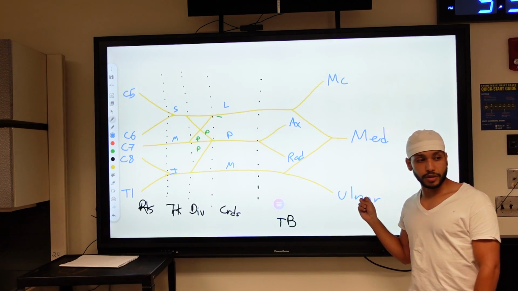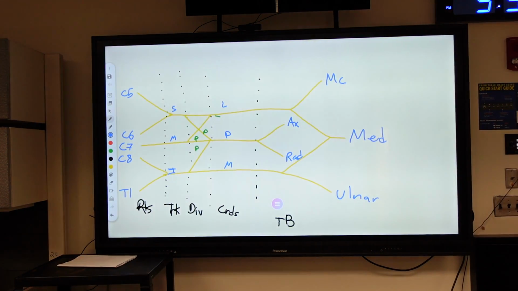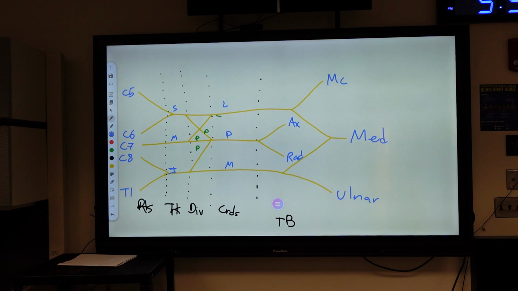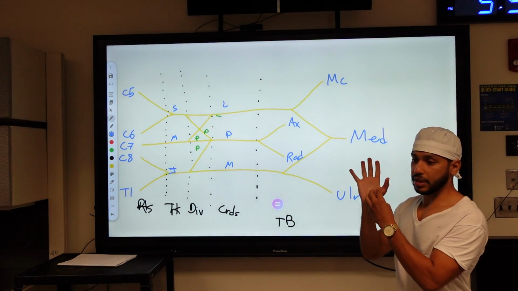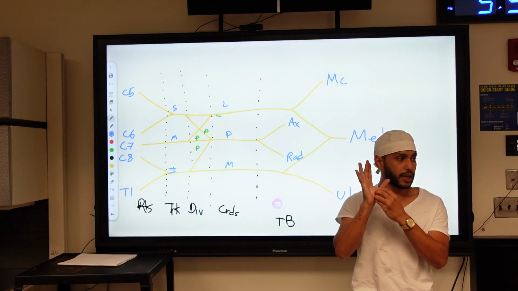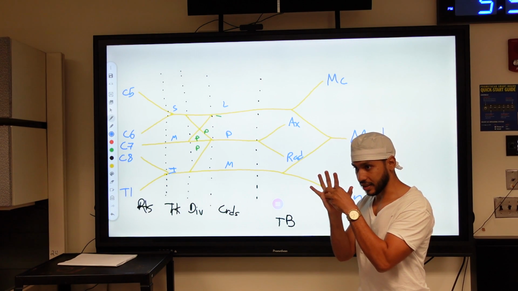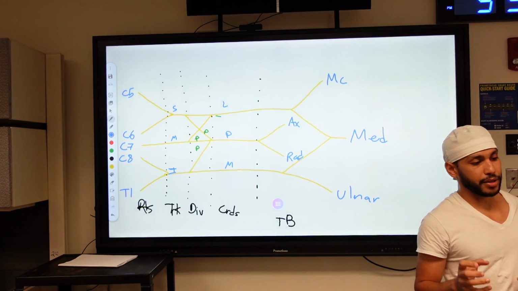Ulnar nerve, what does ulnar nerve do? We pretty much covered all the compartments of the arm and the forearm, right? So fingers, yes, in the sense that it does the rest of the hand, right? So I said median nerve is gonna do this thenar eminence right here. Ulnar nerve is gonna do the rest of the muscles that are intrinsic to the hand. You have a bunch of small muscles inside of your hand that are controlled by the ulnar nerve.